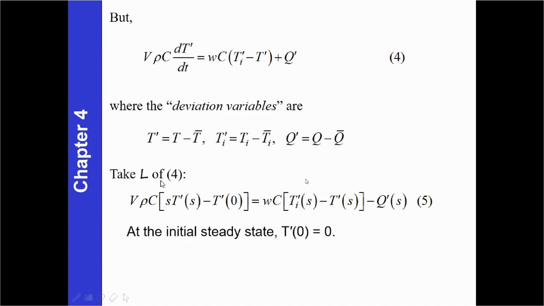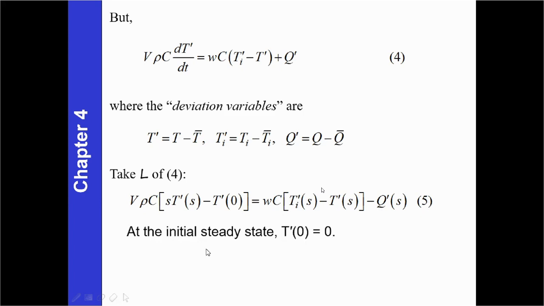And if we take the Laplace transformation of this equation 4 here, you will obtain V rho C times (s T'(s) minus T'(0)) equal to WC times (Ti'(s) minus T'(s)) plus Q'(s), that is equation 5.